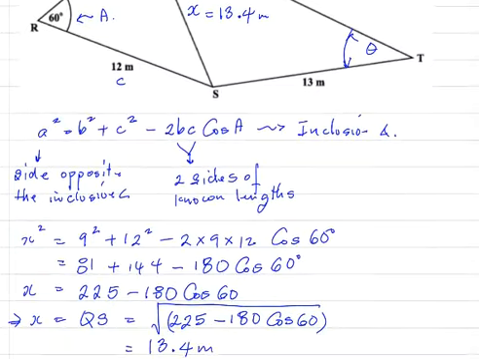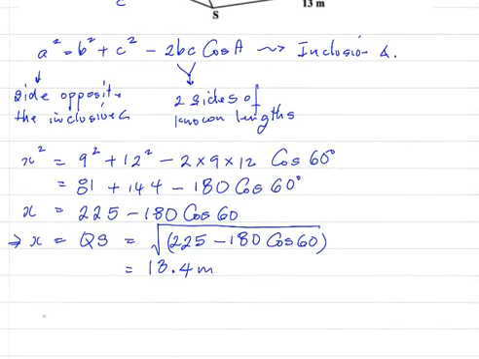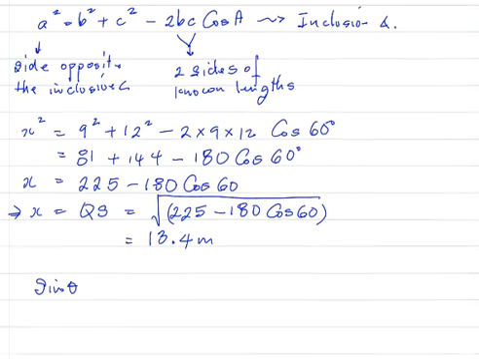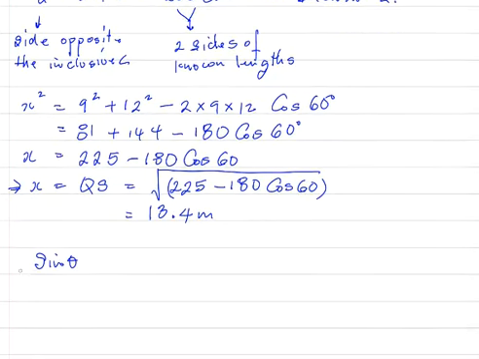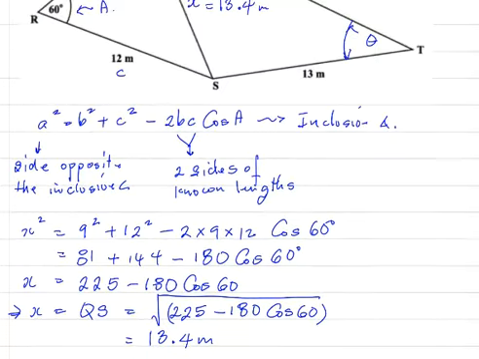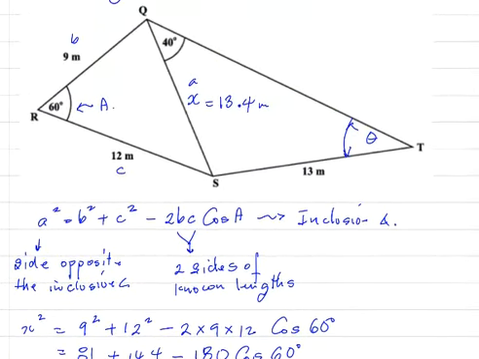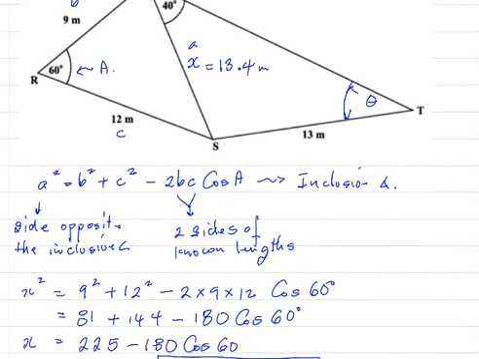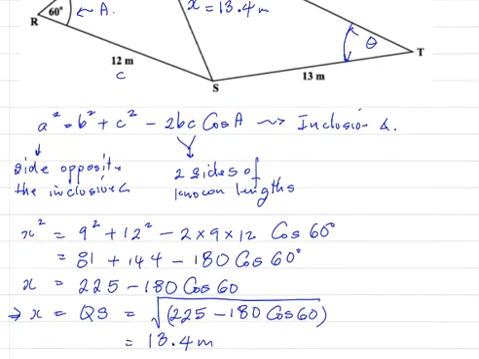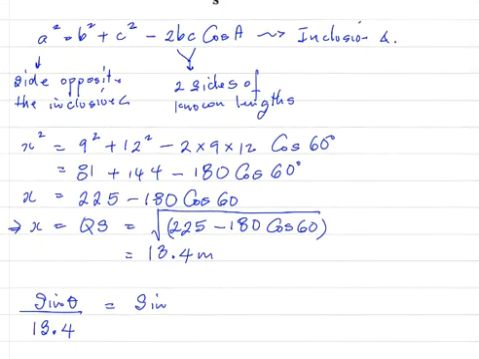Whenever I use the sine rule, whatever I want, I always start with it. So since I want theta, I'm going to say the sine of theta over the side that is opposite from theta, which is 13.4, is equal to the sine of 40 over 13.